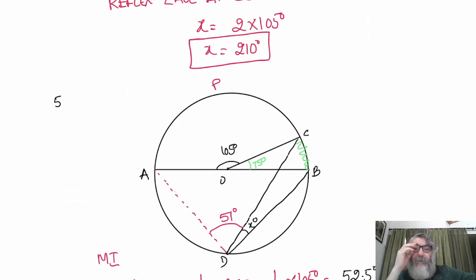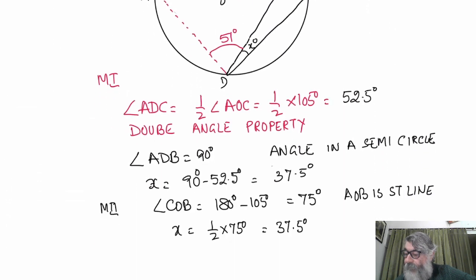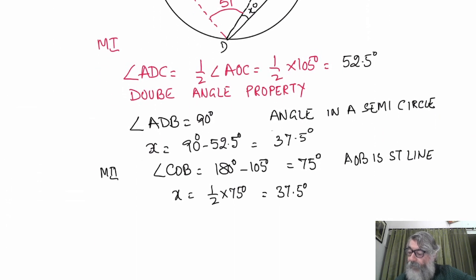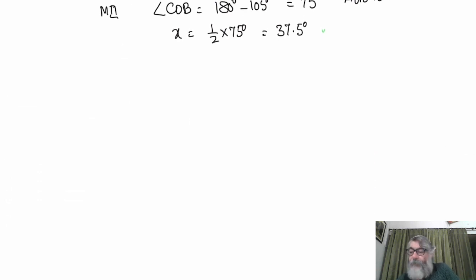So the relation remains the same. The angle subtended by an arc at the center is double the angle which it subtends in the remaining part of the circumference. So this is method 1, this is method 2, whichever method you think is simpler for you to understand. Both are very simple, there is no problem because the property applied is almost the same.